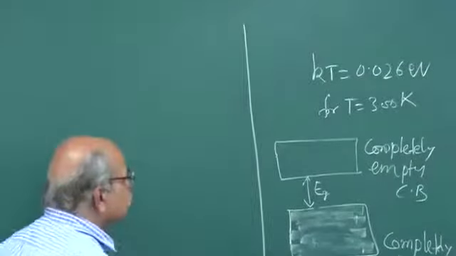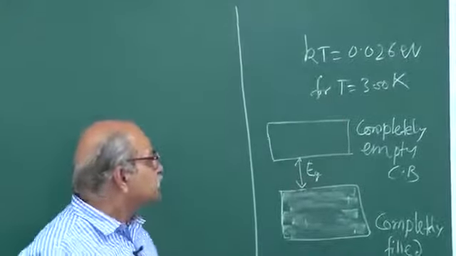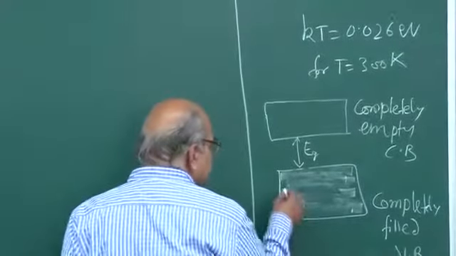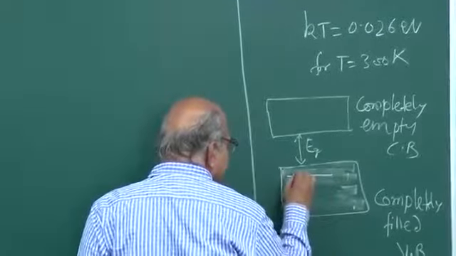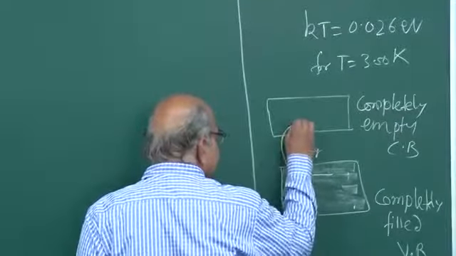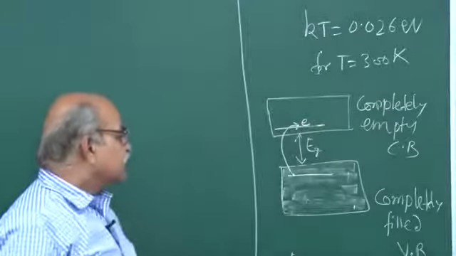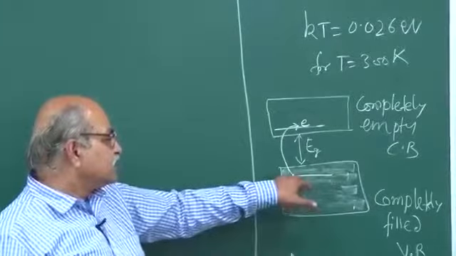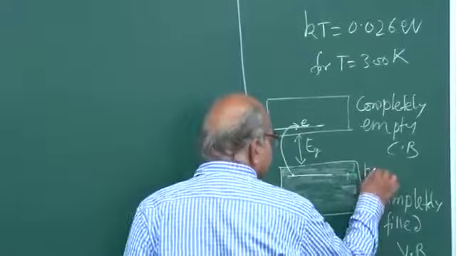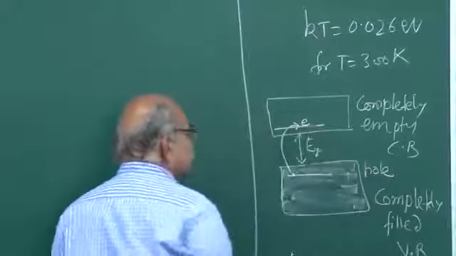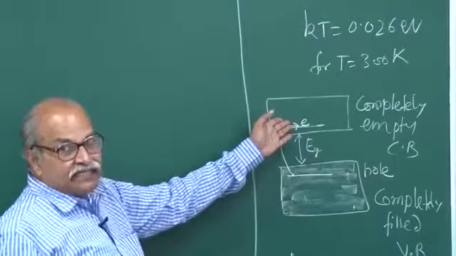Then at elevated temperatures, your electrons in the valence band may receive energy from thermal interactions with the lattice and go into the conduction band. In that case, one quantum state here becomes empty, which we call a hole, and one quantum state in the conduction band becomes populated.